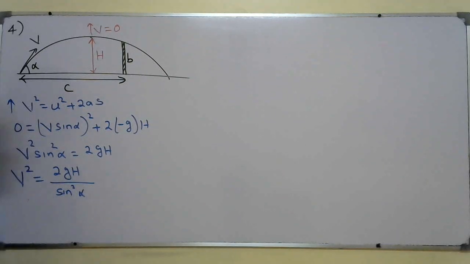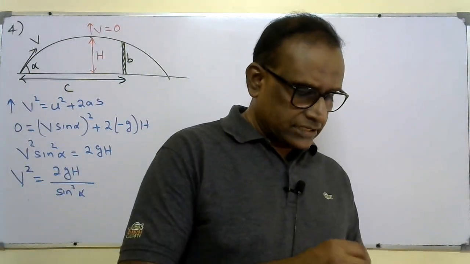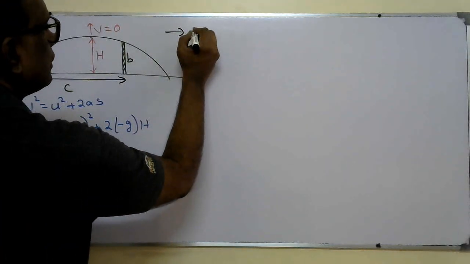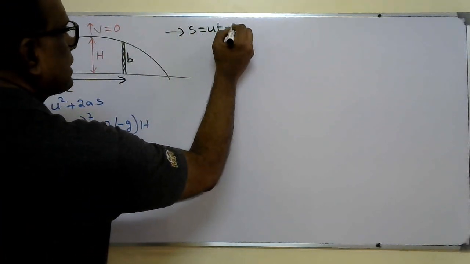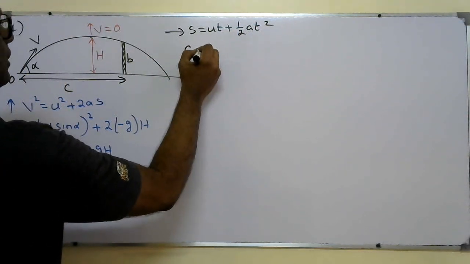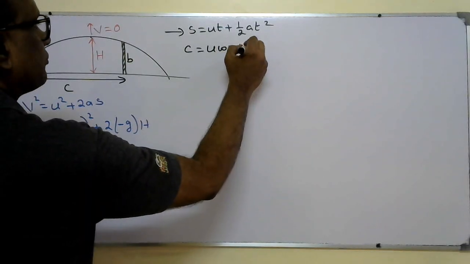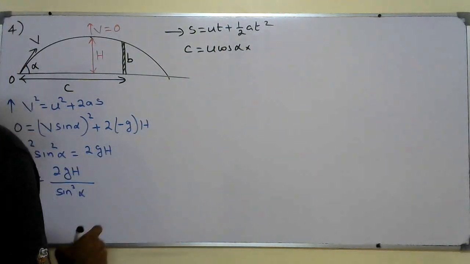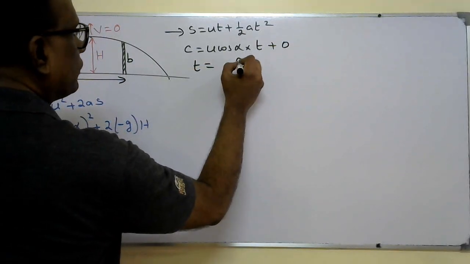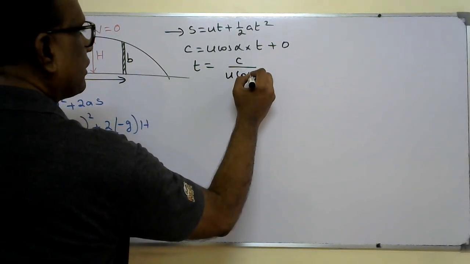Okay, for the motion from O to the initial point B, considering horizontally, s equals ut plus half at squared. That is c equals u cos alpha times t plus 0. So t is going to be c over u cos alpha.